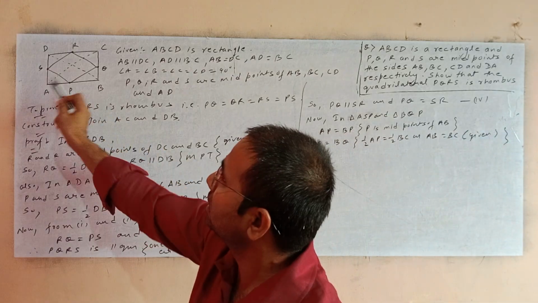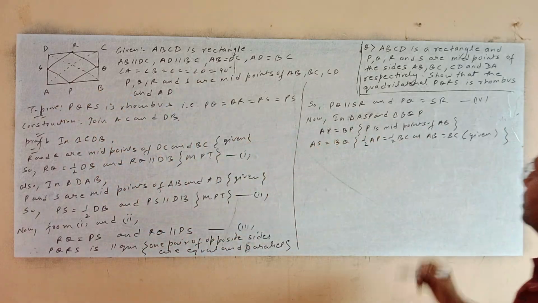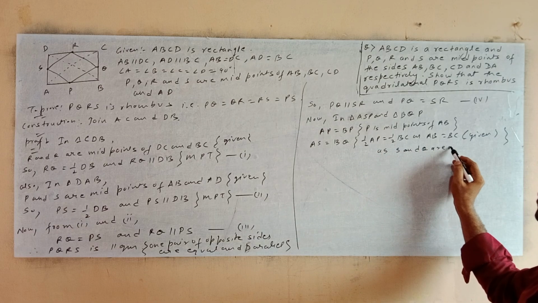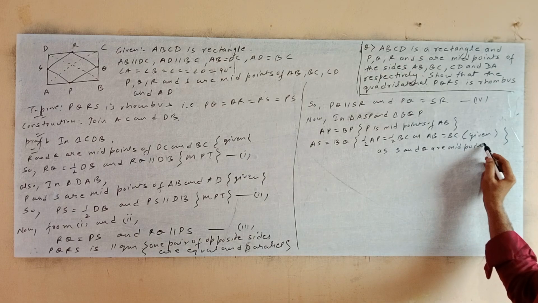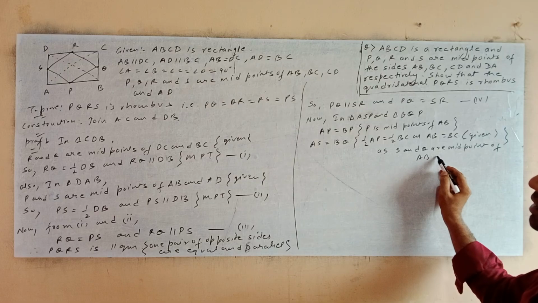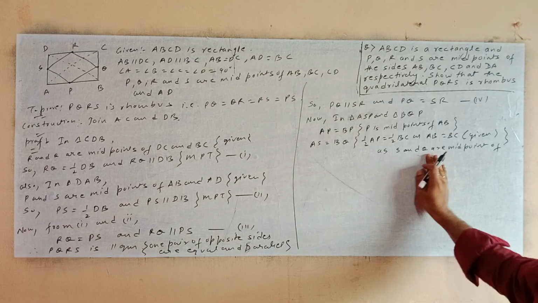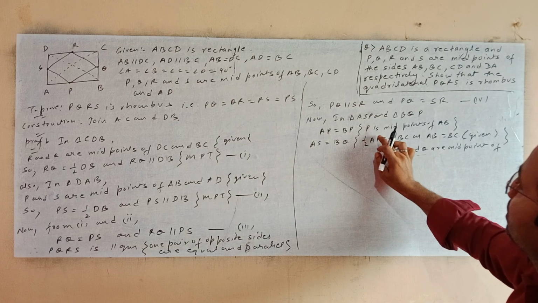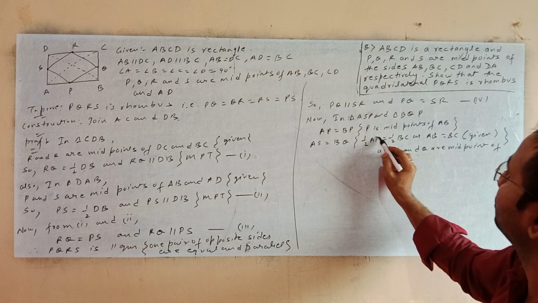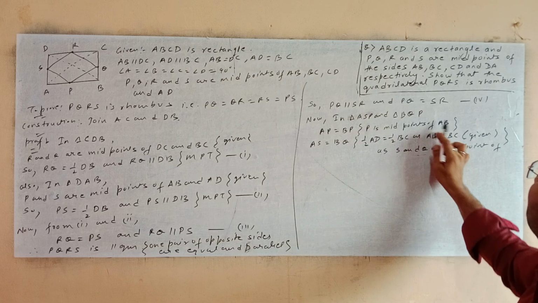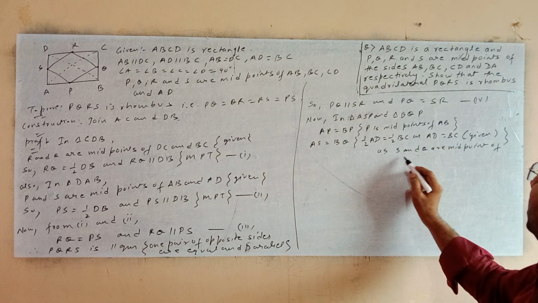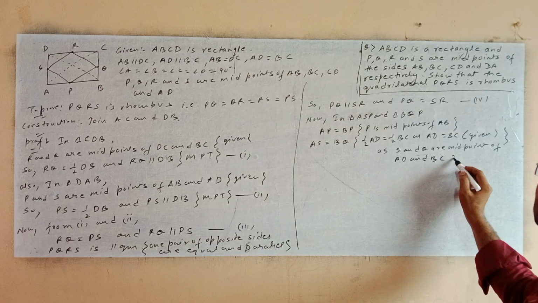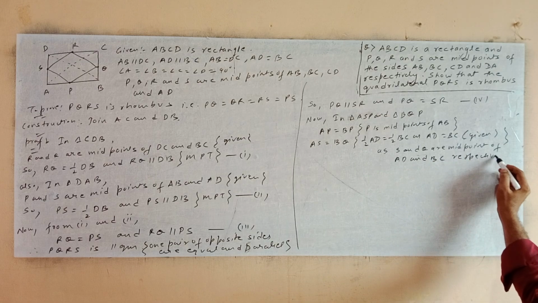S and Q are midpoints of AD and BC respectively.